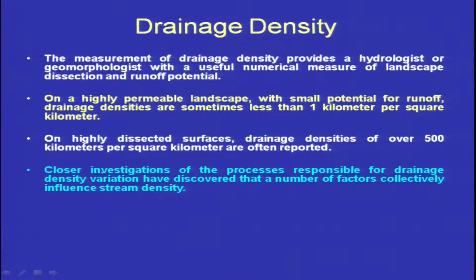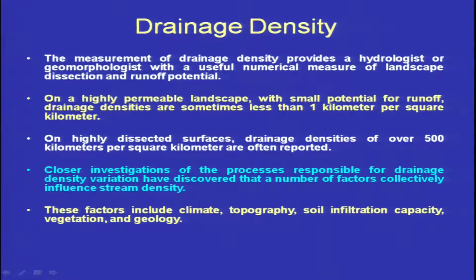Okay. Closer investigation of the processes responsible for drainage density variation has discovered that a number of factors collectively influence it. These factors include climate, because if you do not have enough water you will not have drainage development; topography, because if you do not have slope you will not see any drainage development; and soil infiltration capacity, because if you have porous material or soil you will have very quick percolation and not allow the formation of drainage.